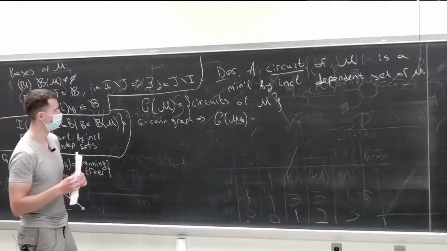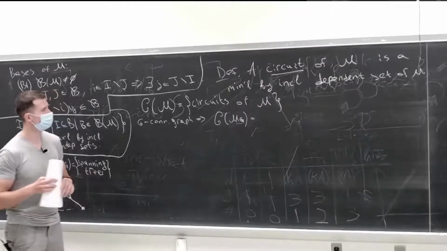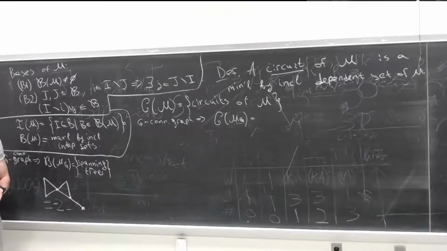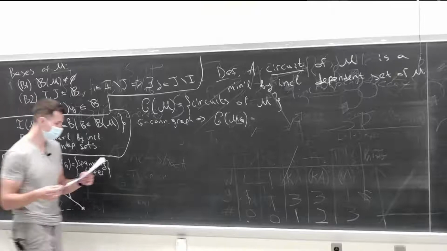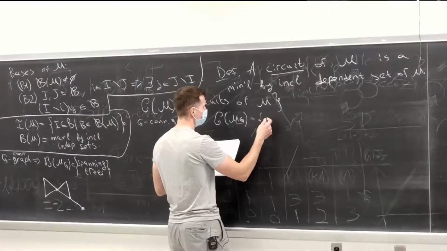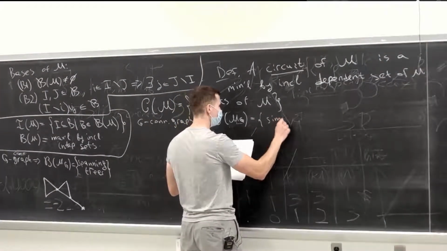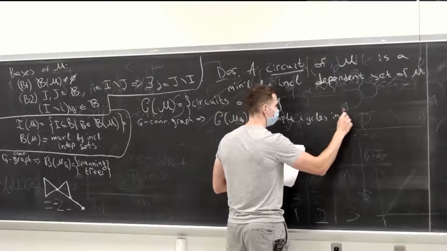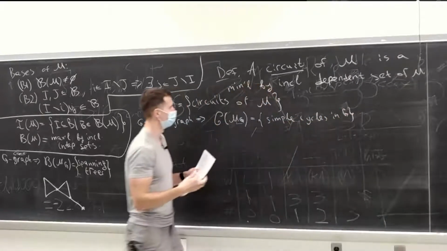Exactly one cycle. Yeah. So first of all, what do you mean by a cycle? What's a definition of a cycle? Okay, all right. Anyways, the answer is the set of simple cycles in G. Plain old simple cycle.